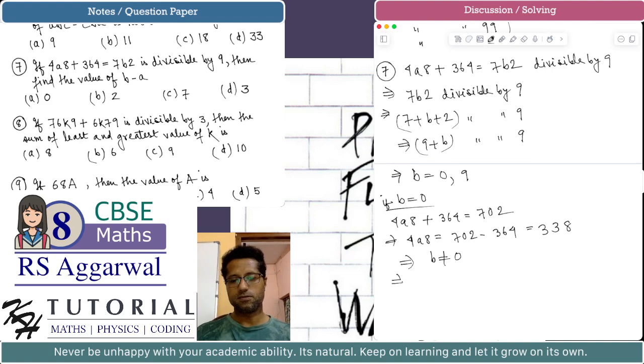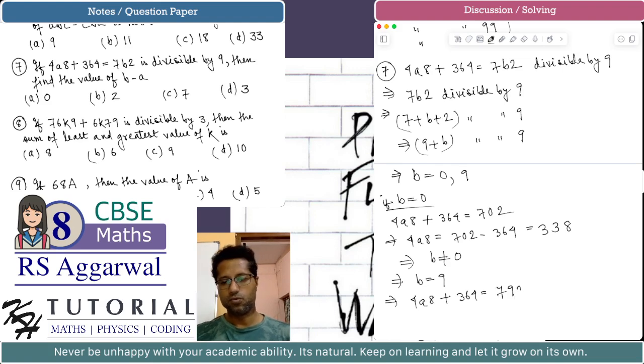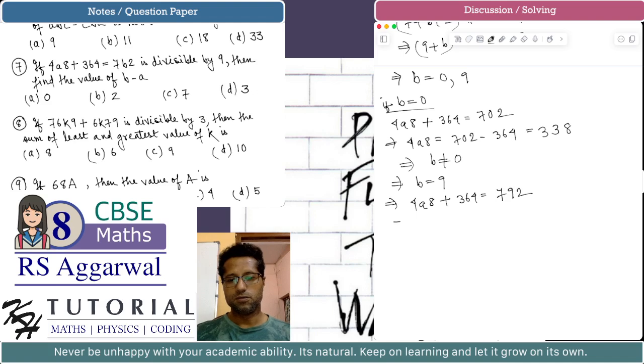So this implies that b is not equal to 0. b equal to 0 cannot be a solution. So this implies b is equal to 9. So this implies 4a8 plus 364 is equal to 792. So this implies 4a8 is equal to 792 minus 364, which is equal to 428.